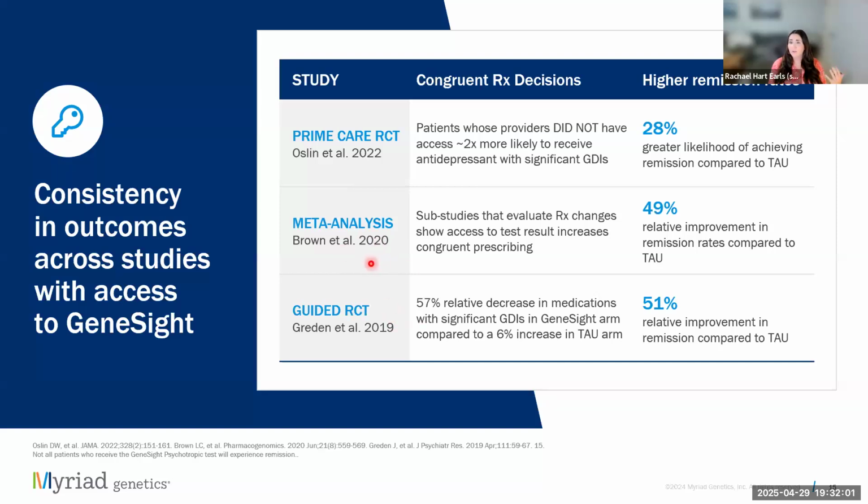And lastly, this was a large meta-analysis that aggregated multiple studies using GeneSight and found a 49% relative improvement in remission rates as well. So I tell you all of this because evidence matters, consistency and outcomes matter, and that is what has been shown with the GeneSight studies here.